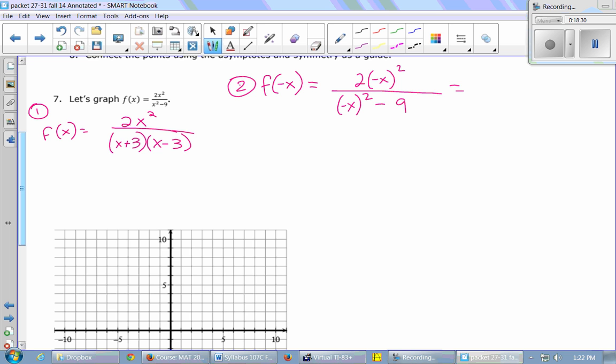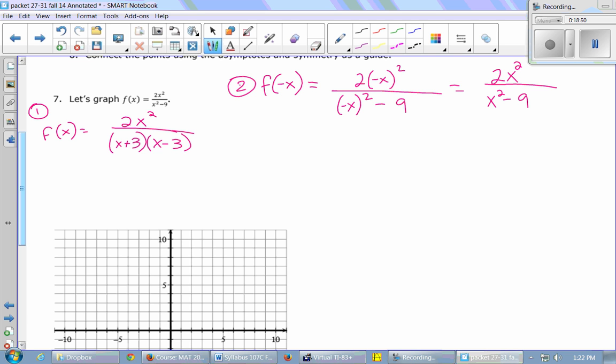So I just replaced every x in the equation with a negative x, or the opposite of x. When you take a negative x and you square it, what do you get? Positive x squared. Negative x times negative x is positive x squared. So this comes out to 2x squared over x squared minus 9.